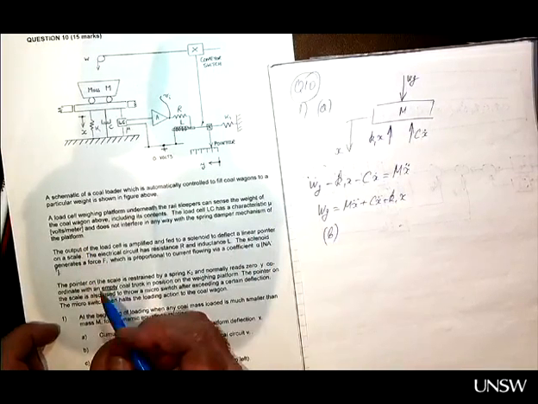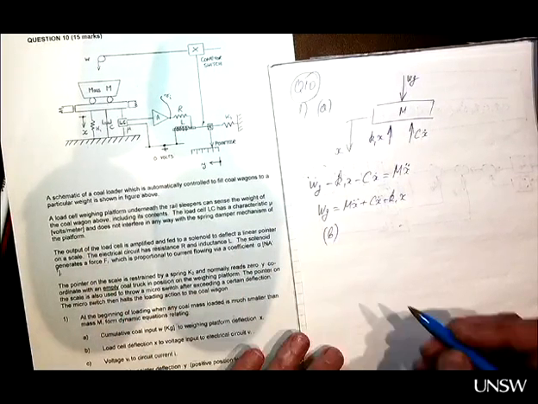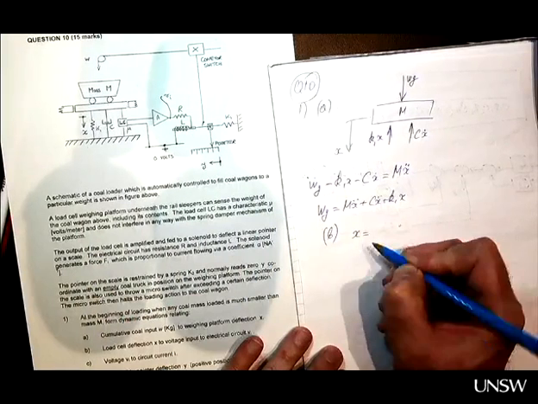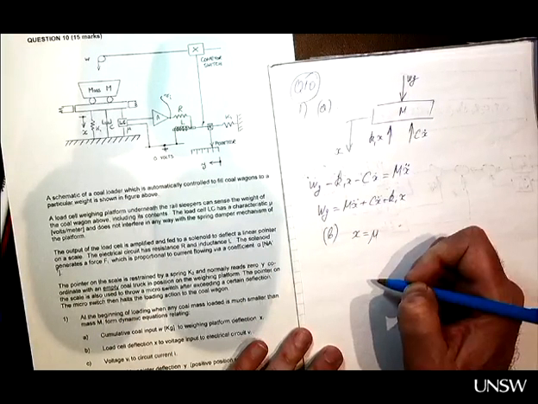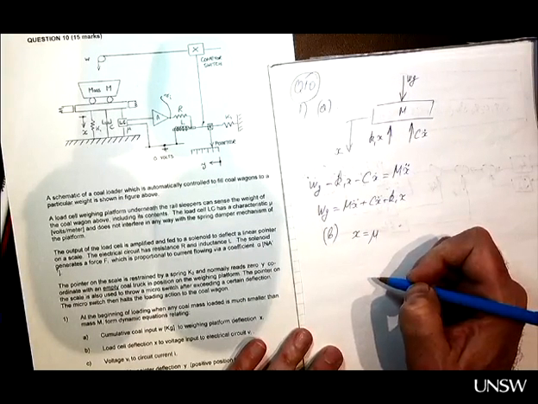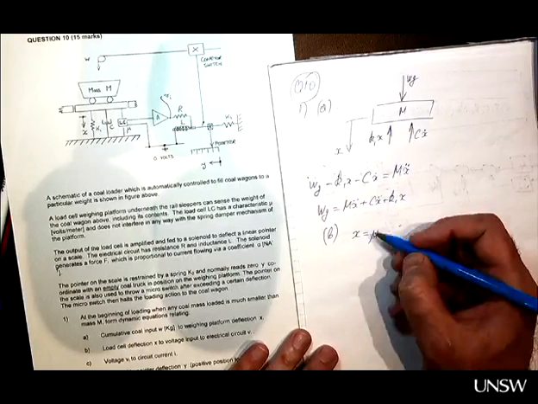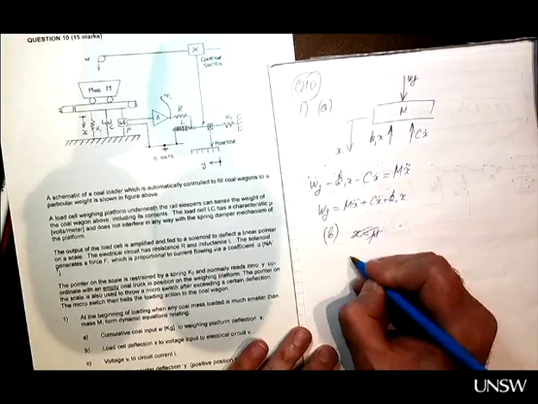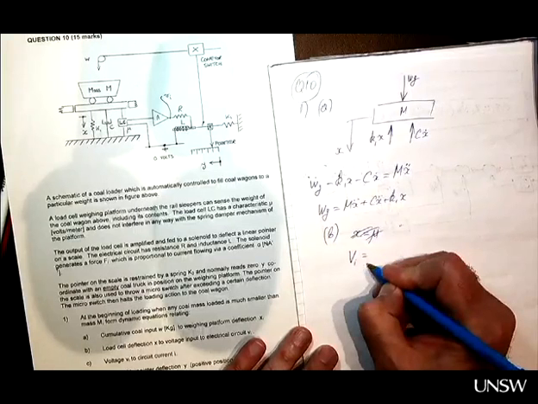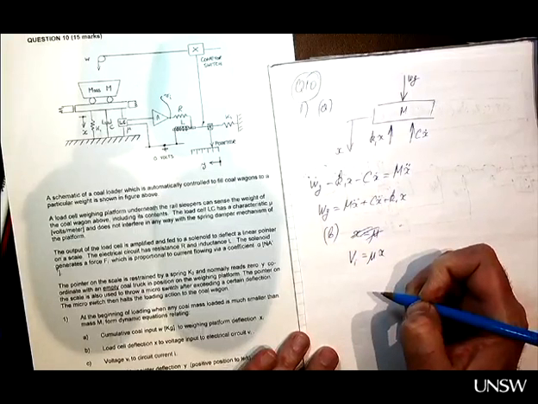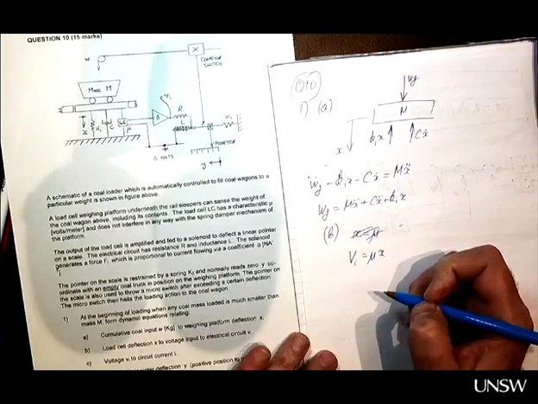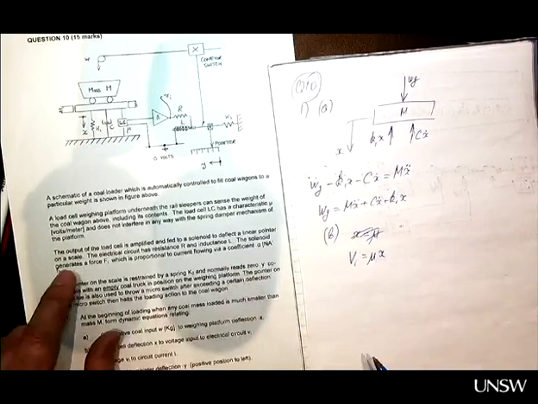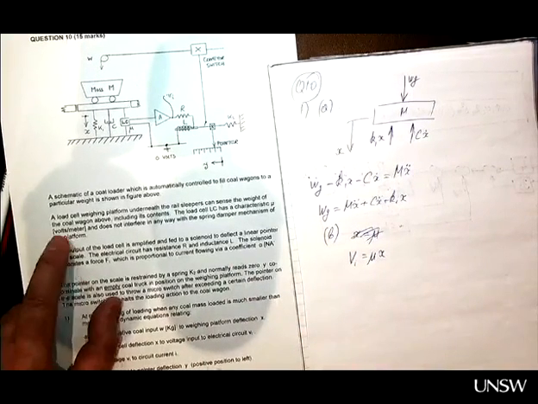So voltage VI equals mu X. If you're not sure, check the units once again. Mu is in volts per meter, X is in meters, so you end up with volts.